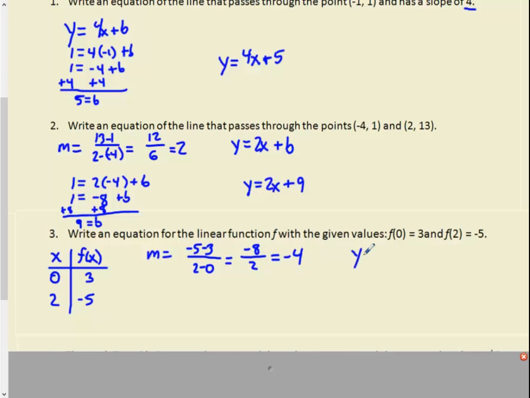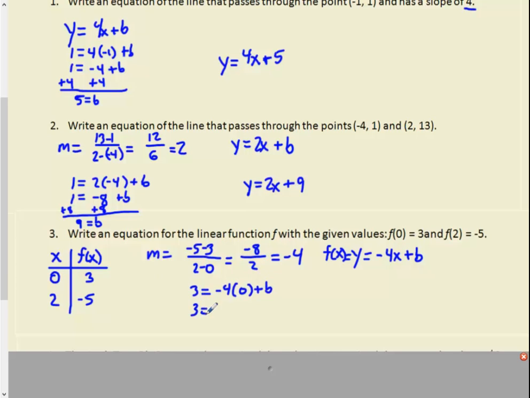So we know we're going to have y equals, or actually I should say f of x. Let me write f of x equals y equals -4x plus b. And I'm going to go ahead and use the point 0, 3 here. So we have f of x is equal to 3, and that's equal to negative 4 times the value of x is 0 plus b.